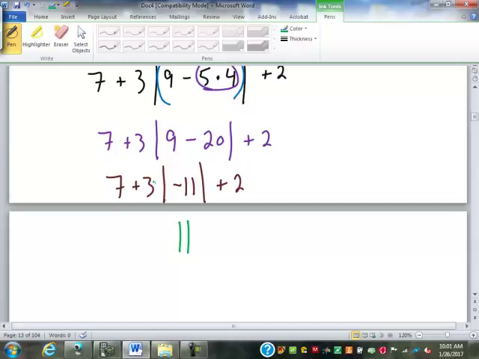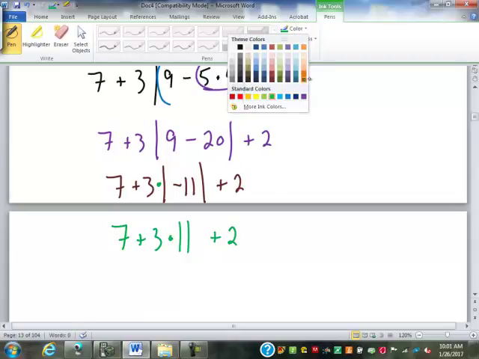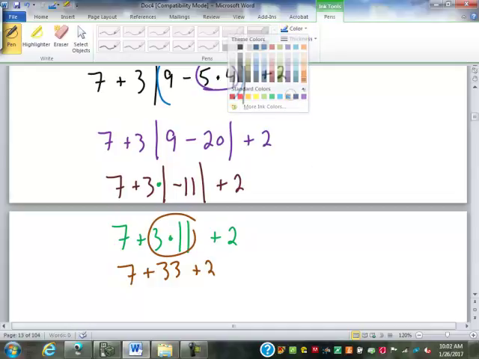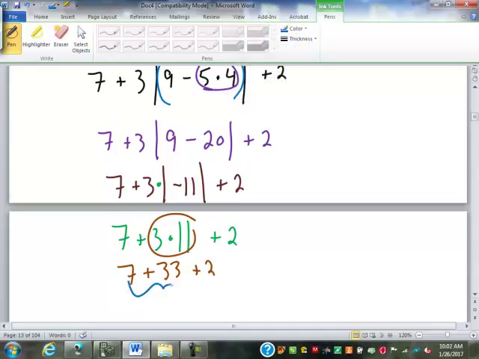Now, just like parentheses, we had this number in front with no operation, that is times. So that's 7 plus 3 times 11 plus 2. And now we're back to just what we've been doing. We multiply first. 3 times 11 is 33. 7 plus 33 is 40. Plus 2 is 42.